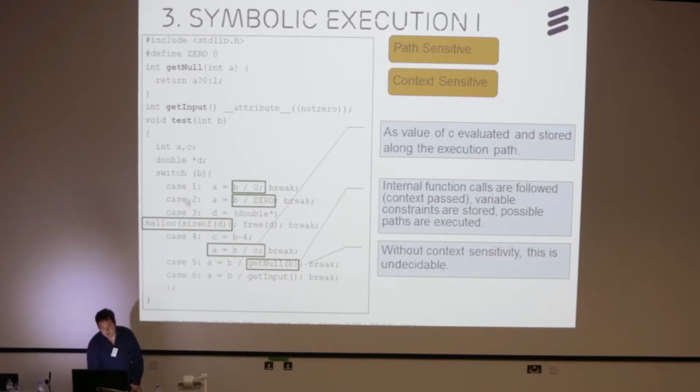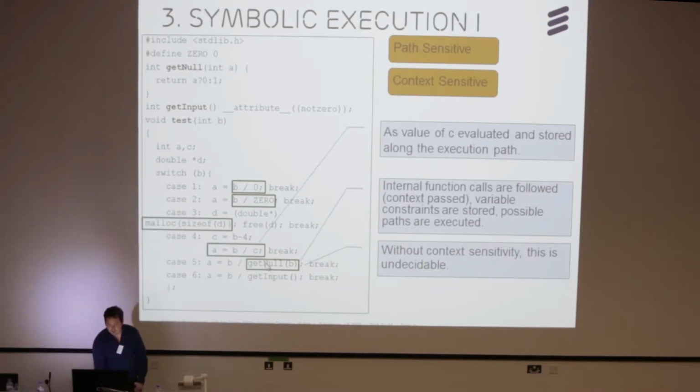But when we go into the switch case, and here, when we bind 4 to this variable b, then it will follow that c will equal 0. So this will be a division by 0 problem. And it also shows us, when we do this checking, the actual path of the execution, and conditions, how this can be evaluated.